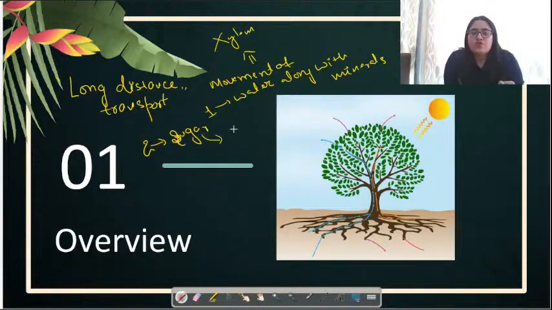So sugar transport will take place from leaf to the root and other parts of the plant with the help of phloem, right? So this is what we actually talk about when we refer to long distance transport, right?